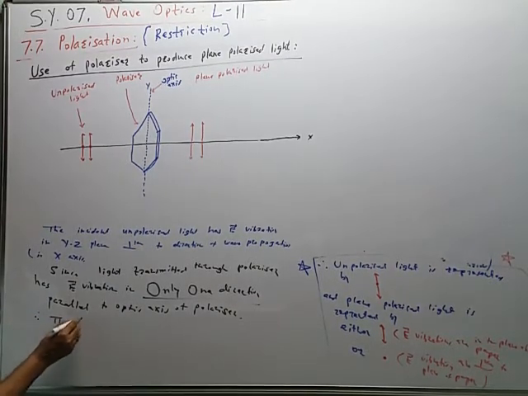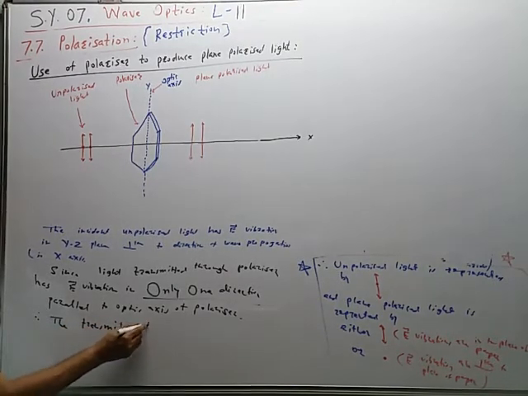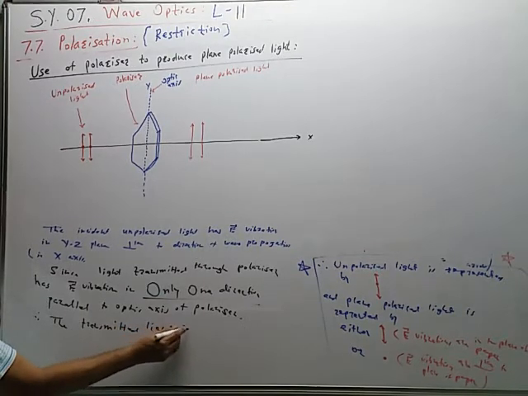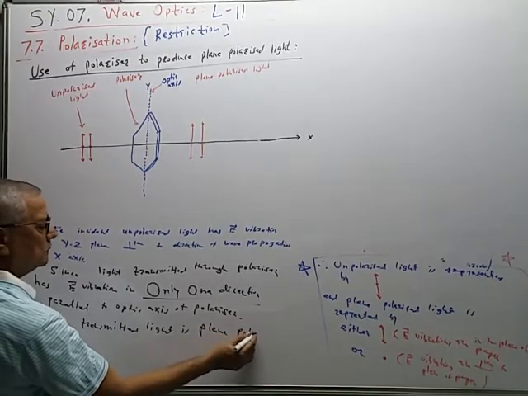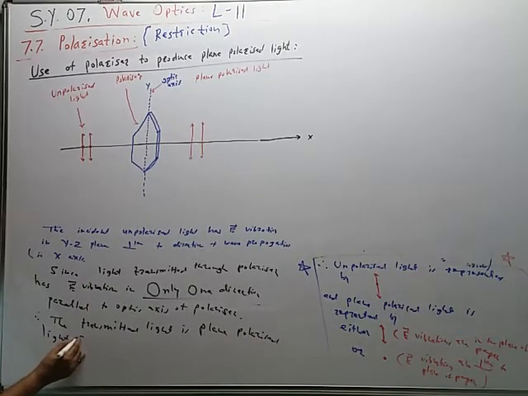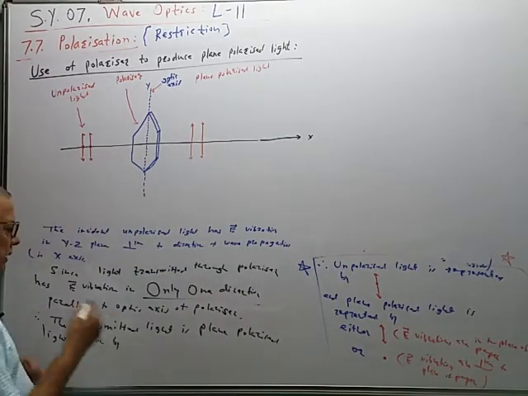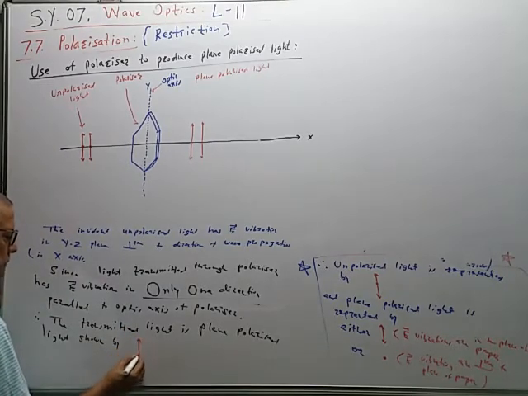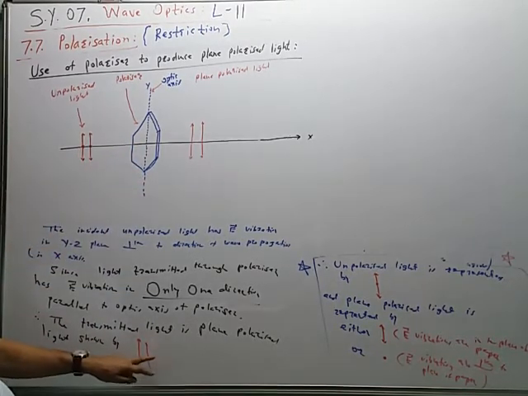So the transmitted light is plane polarized light, shown by an arrow, a double-headed arrow. If the crystal is rotated through 90 degrees, then it will be shown by a dot.